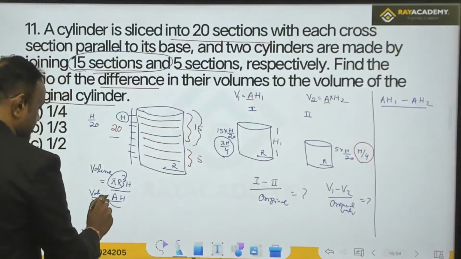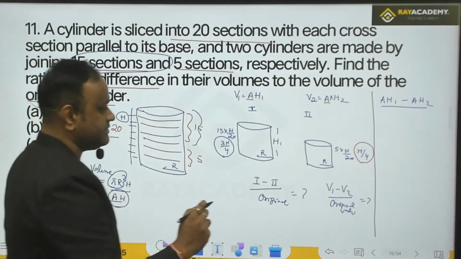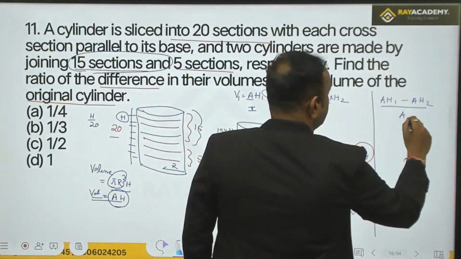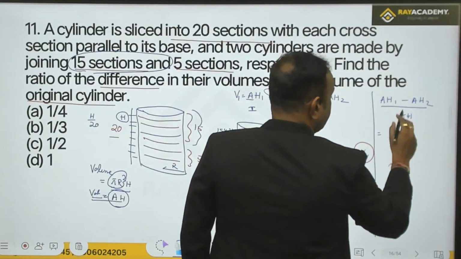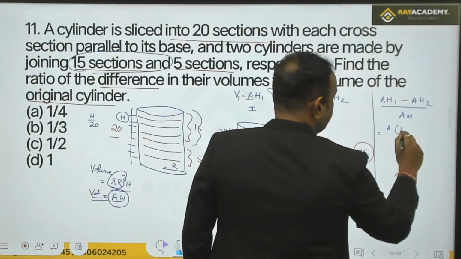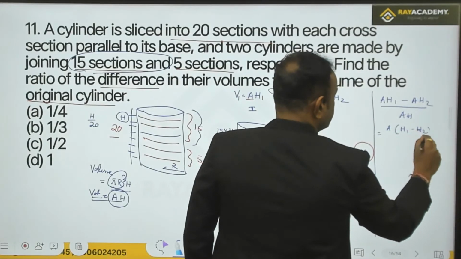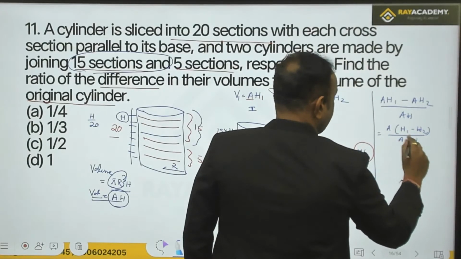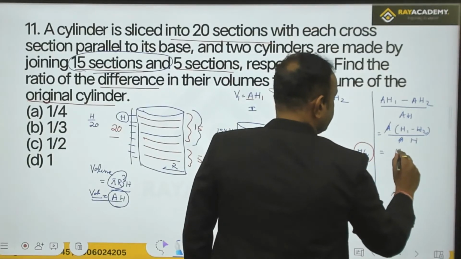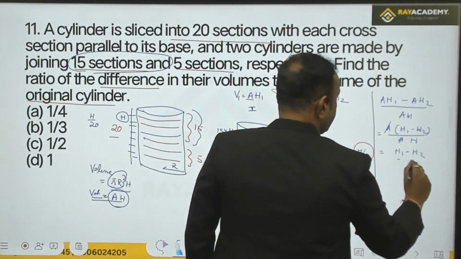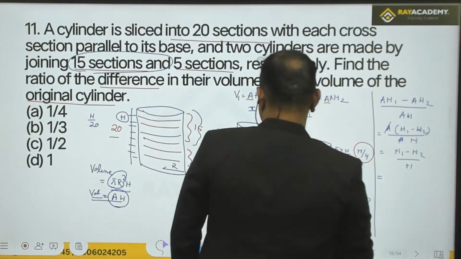What was the original volume? A h. So you can say A gets cancelled. If you take A common, H1 minus H2 by A H, A gets cancelled. So the only thing remaining is H1 minus H2 divided by H. What is H1?